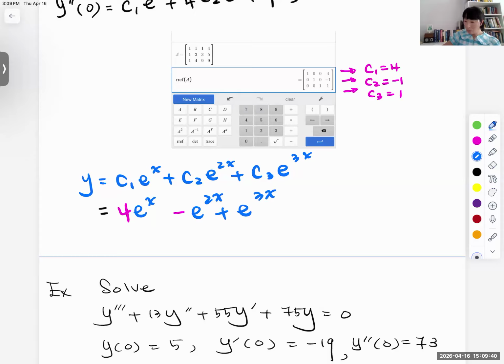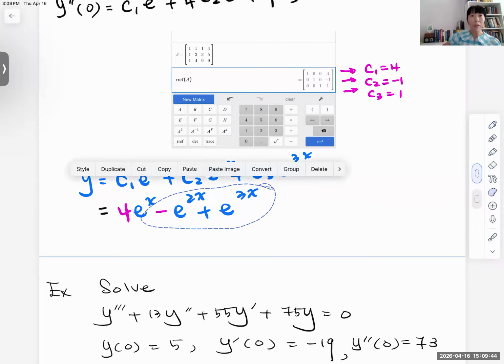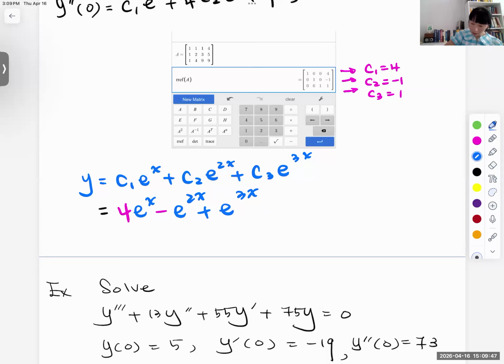Yeah, that's the particular solution, right? Is it good? All right. So we understood? Okay, let's do the next question. So same processing.